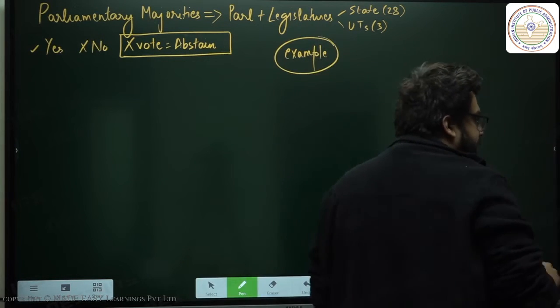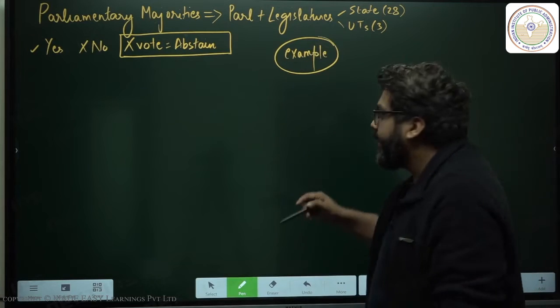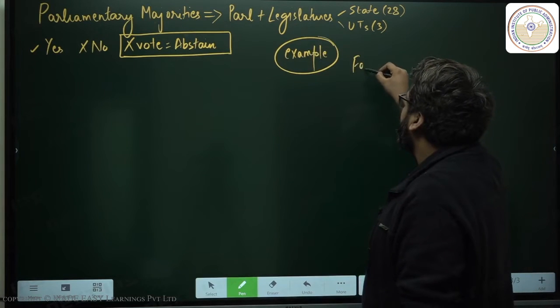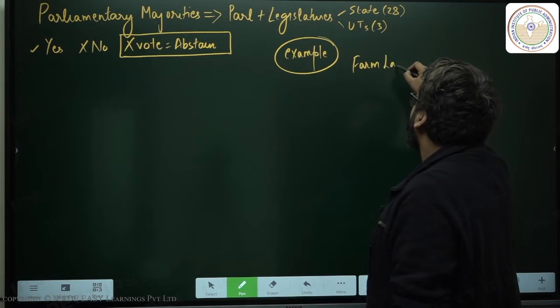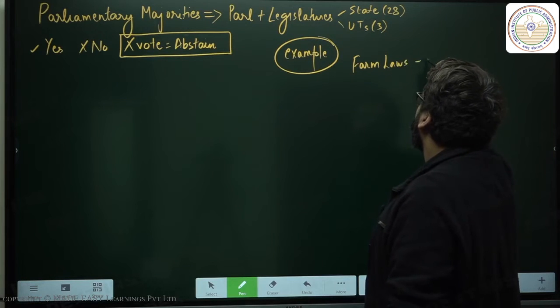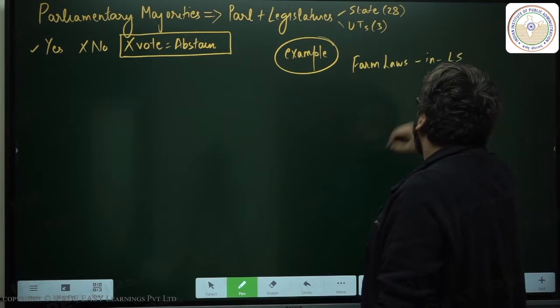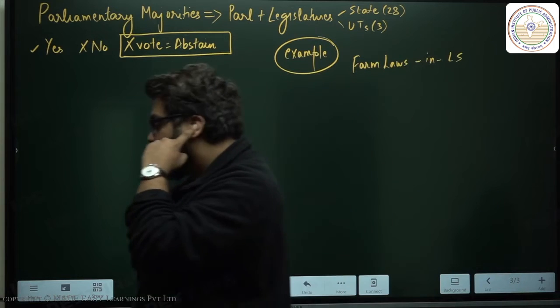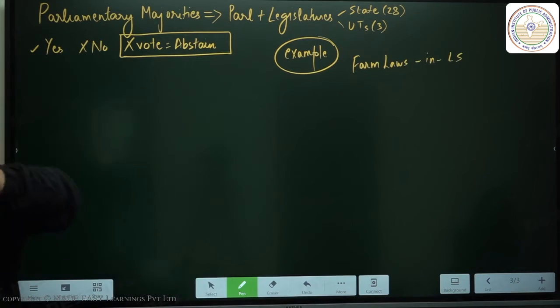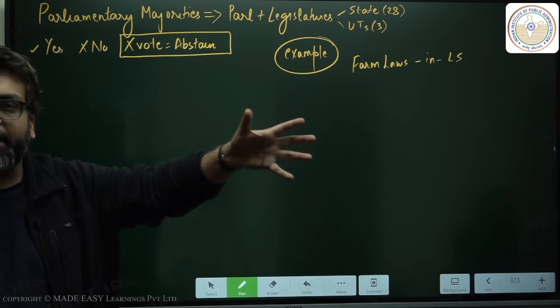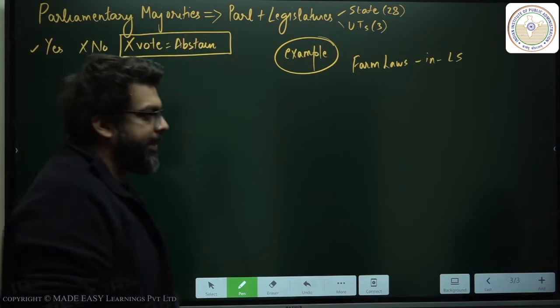Let us say we are talking hypothetically about the voting of farm laws in the Lok Sabha. Let us assume the farm laws have not been passed, they have not been repealed, they are being voted for the first time.